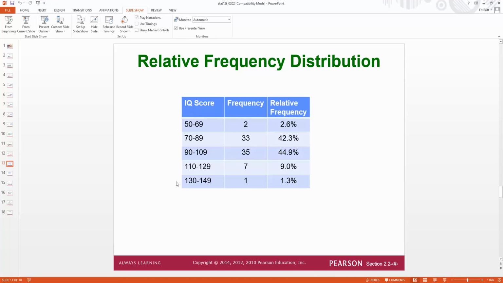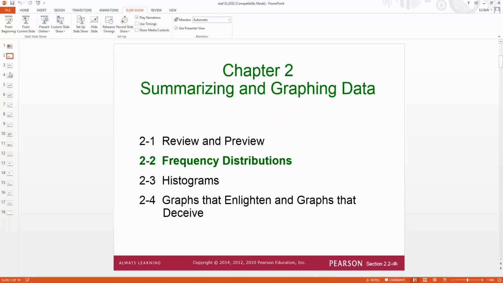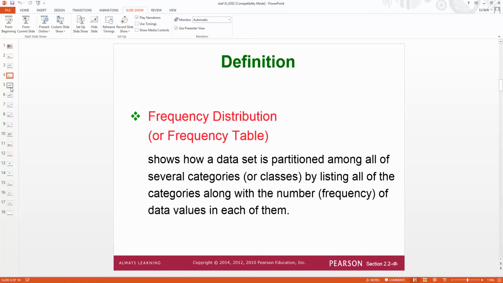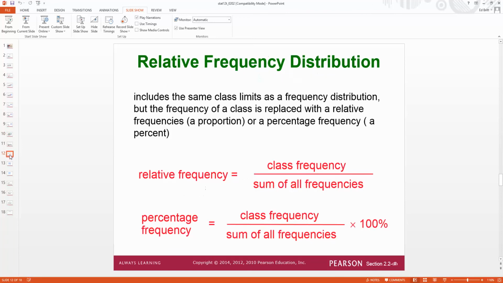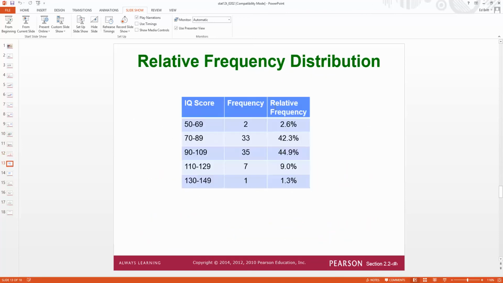So this is the same table that we had earlier. Let me go back to the slide. This is this table, just a little different. Here's the relative frequency.